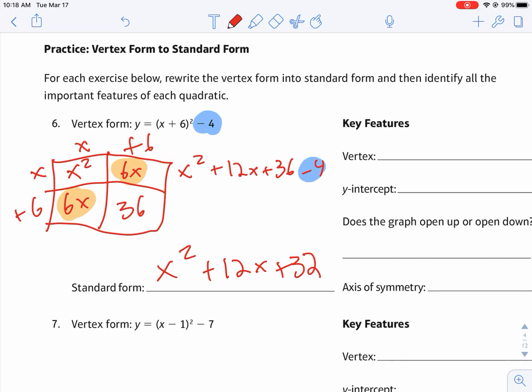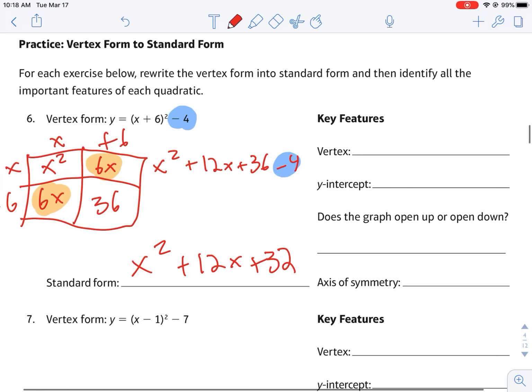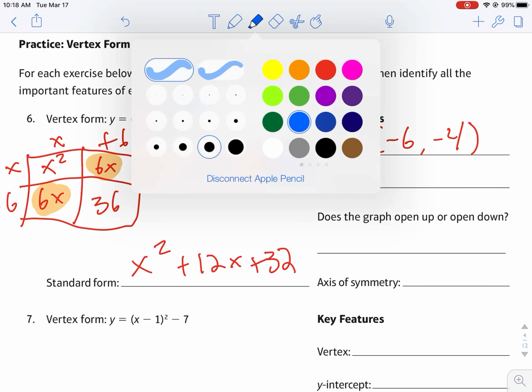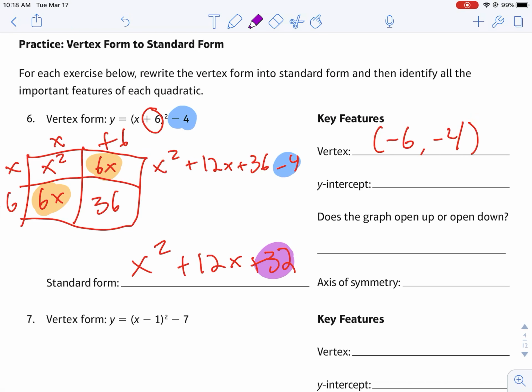So now I have vertex form and standard form. In vertex form, I know right away my vertex is going to be negative 6 because it's the opposite of whatever's in there, comma negative 4. The y-intercept I'll find out from my standard form. That's going to be 0, 32. Does the graph open up or down?